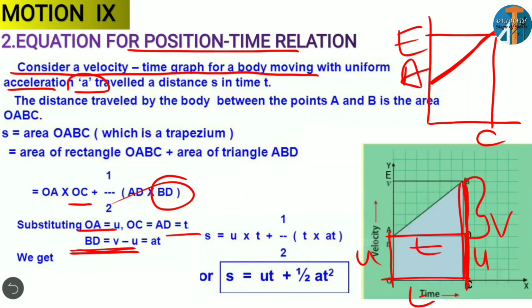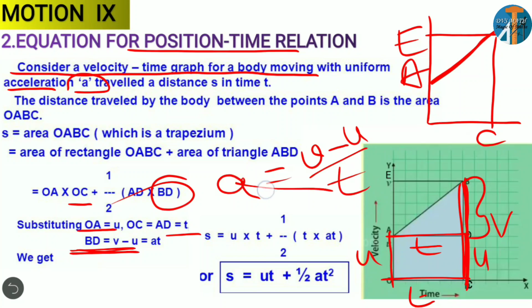In the previous case, in equation 1, what did we get? A is equal to V minus U by T. If we cross multiply, V minus U can be substituted as AT. So here OA means U, OC means T, and let half be as it is.